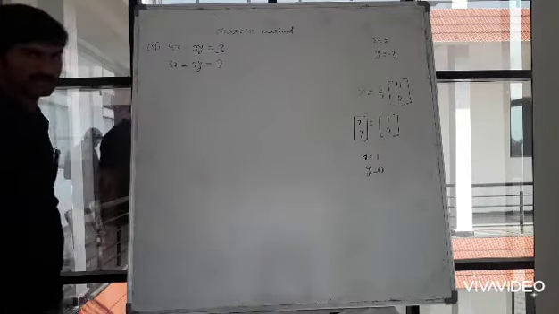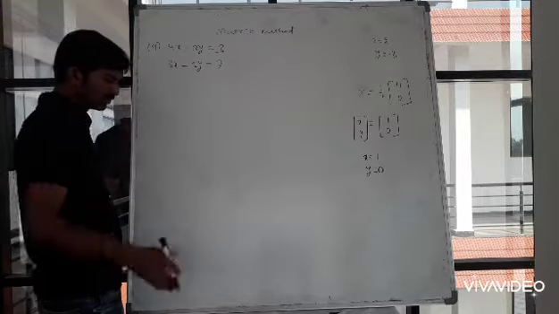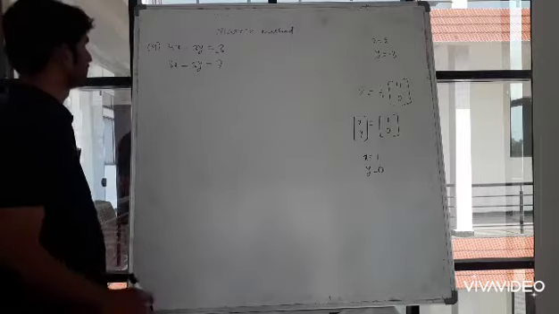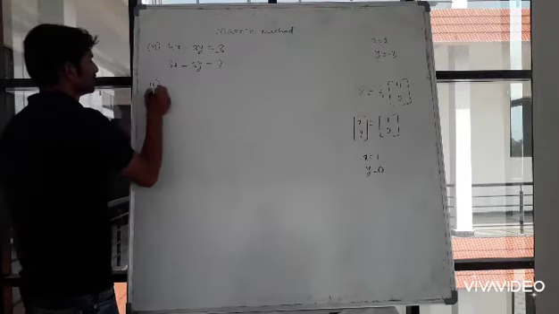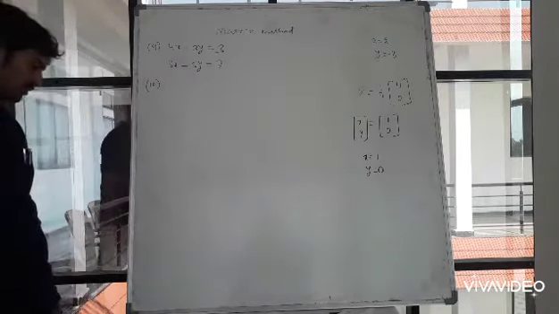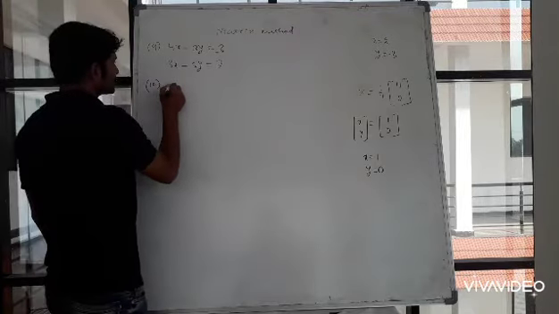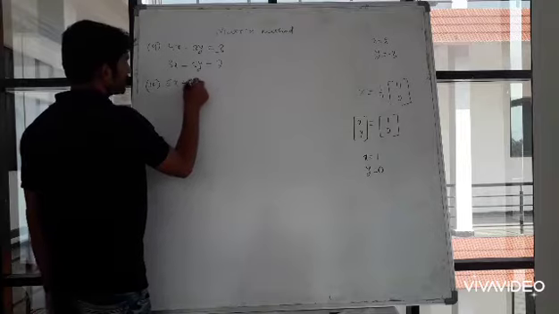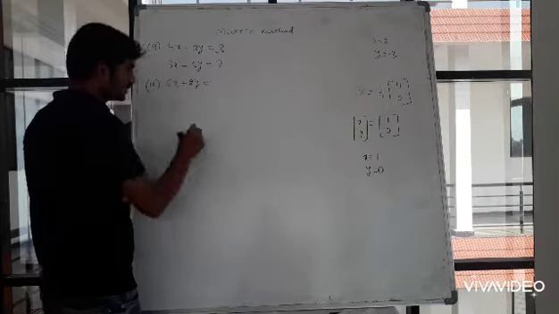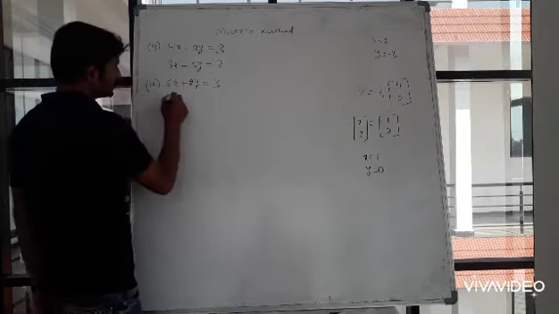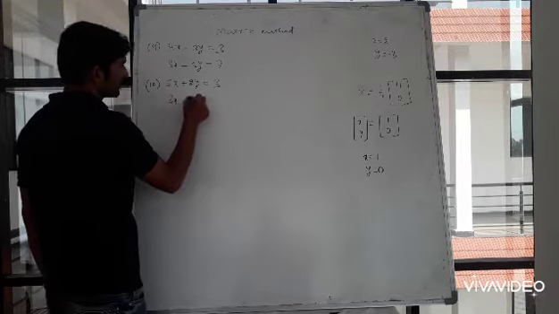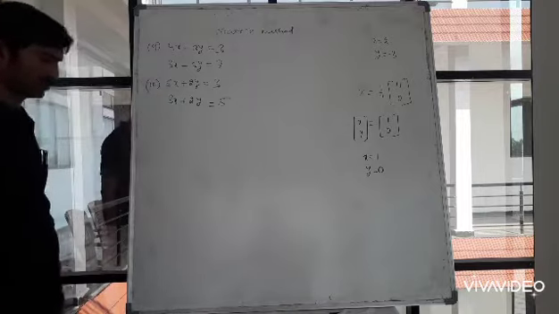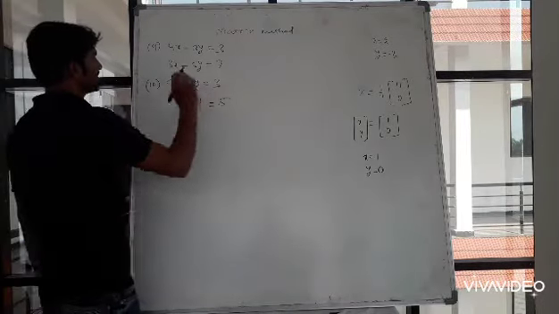You can solve this at home because the same 2 cross 2 matrix is there, the procedure is the same, the formula is the same. It is very simple. We'll go for the next example, question number 10. It is also the same type, 2 cross 2 matrix: 5x plus 2y is equal to 3, 3x plus 2y is equal to 5. You can solve these two at home. Same type.